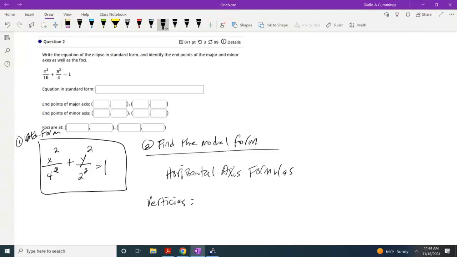So if you look back at those formulas for an ellipse with the horizontal axis, the vertices are located at plus or minus a comma 0. So a is going to be 4, right? So my vertices are located at negative 4 comma 0 and positive 4 comma 0.